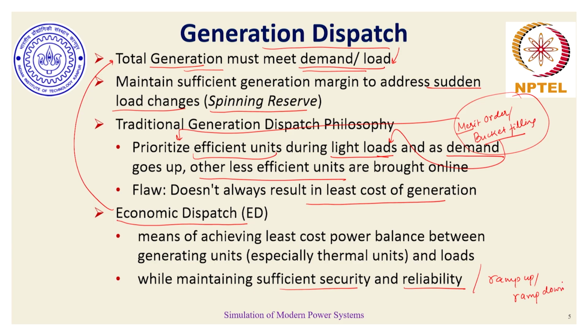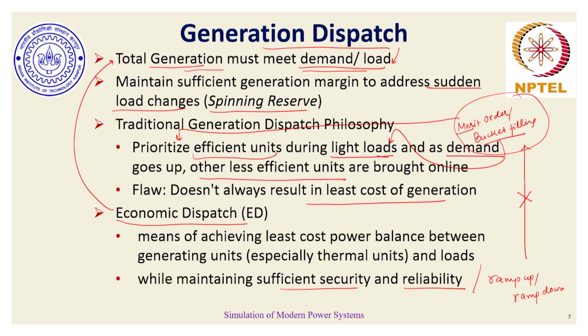If as an operator I only look at the present condition and think that the next condition would be automatically taken care of from a system operation perspective, no, that's not how generators should operate, which is essentially what is missing in the merit order or bucket filling approach.